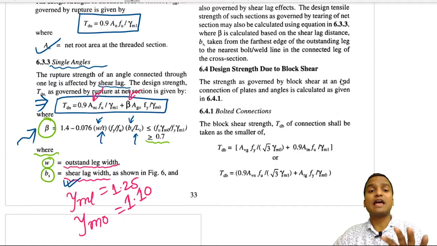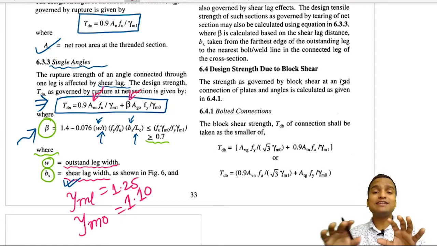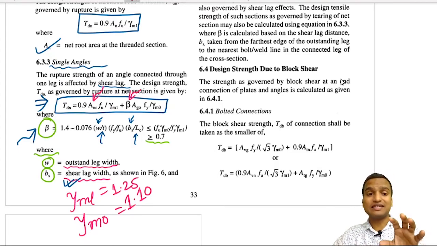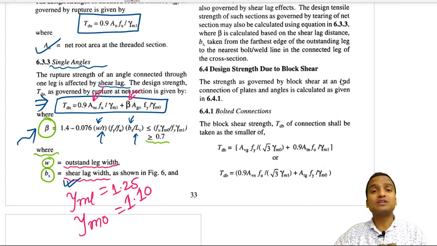Now what is happening here? Actually this formula is combining both the effects in the angles. It is combining the rupture at the net sectional area of the connected leg, and it is also considering the yielding of the gross sectional area of the outstanding leg. You understand this formula?